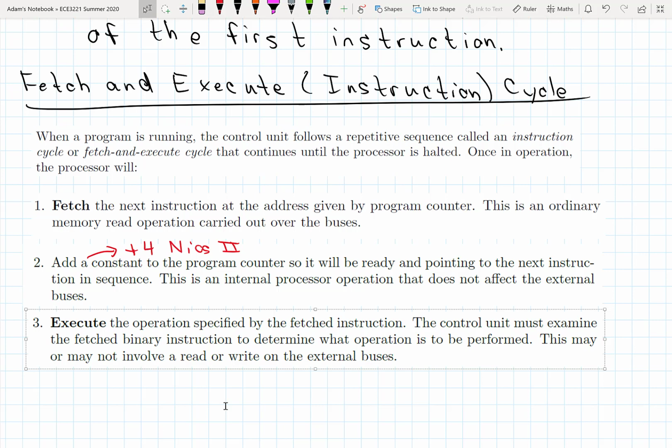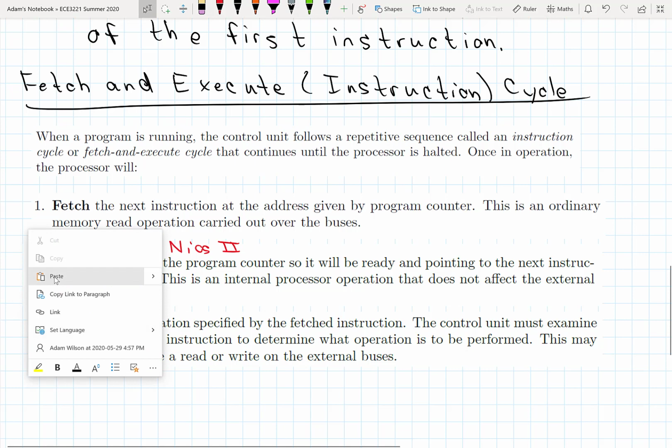If the instruction is to access memory, read a value from memory, well, it's going to have to generate the right address on the address bus and generate the read signal on the control bus.